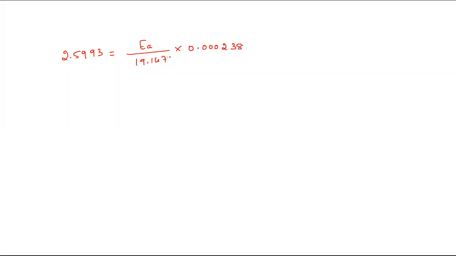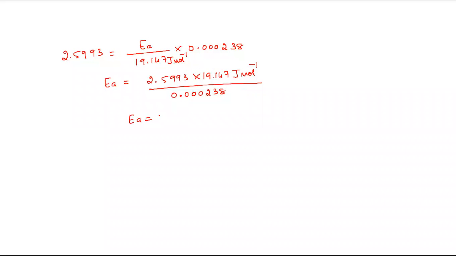So here only joule per mole is remaining. So now we have to find EA. EA is equal to 2.5993 into 19.147 joule per mole divided by 0.000238. Okay, let me solve this.